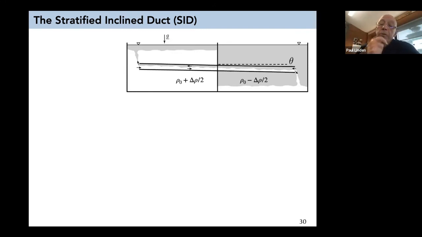In a lock exchange, for example in this picture that I have up now, if there was no tube here and there was just a vertical barrier and we were to remove it, then the stratification is really determined by this difference delta rho. And what you see in terms of N depends on how the flow develops. So I think one wouldn't characterize it in terms of some gradient in that particular case. You'd use the initial density difference, I think.